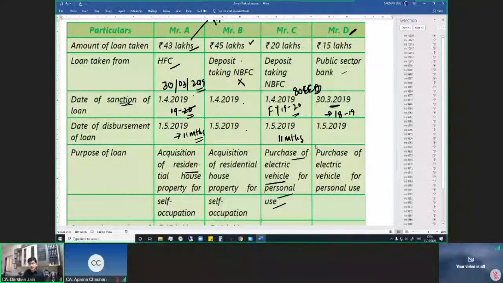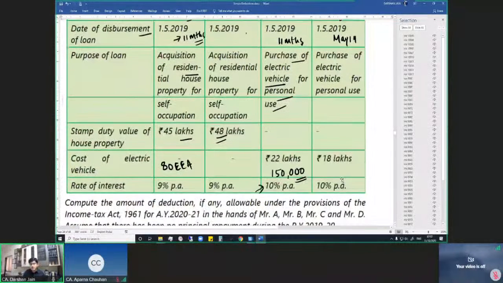It could be disbursed at any point in time. Disbursal happened in May 2019, but sanction happened in 18-19, and therefore he doesn't become eligible to claim deduction under section 80EEB. Right? No deduction would be available even though it is for purchase of an electric vehicle for personal use.